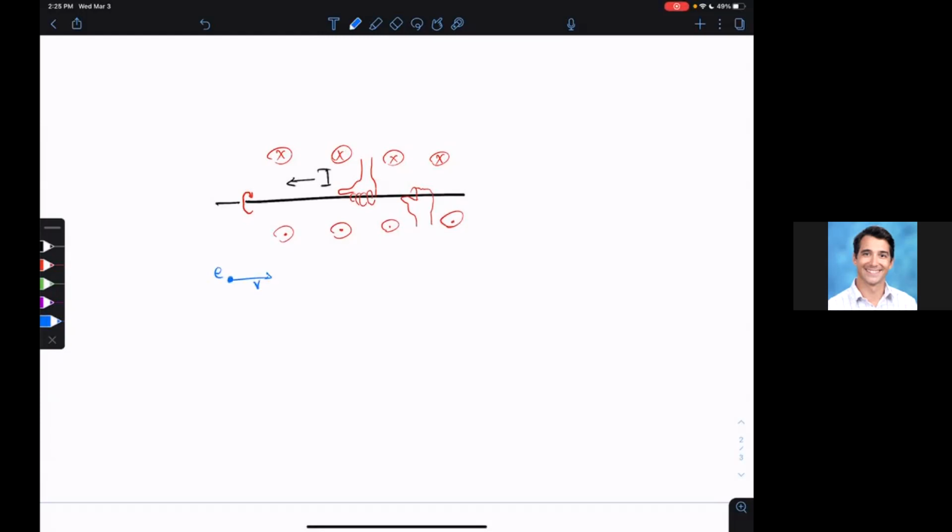So don't forget, just because I drew those dots there, it still has a magnetic field out here. It's just weaker, but it's still pointed straight out towards us.